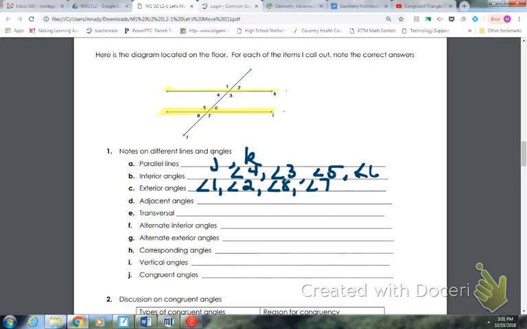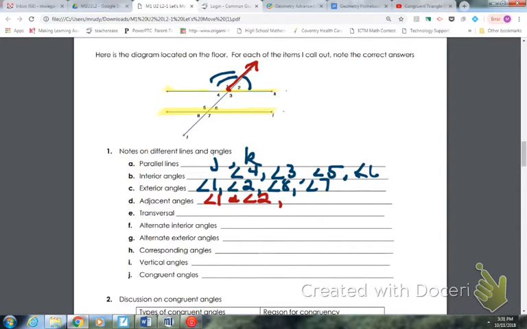So if you look at the picture, angle 2 and angle 1 are considered adjacent angles because they have a common vertex and a common side. The vertex for angles 1 and 2 is right here in red, and they have a common side that goes up and to the right there. So one pair of adjacent angles in the picture is angles 1 and 2.